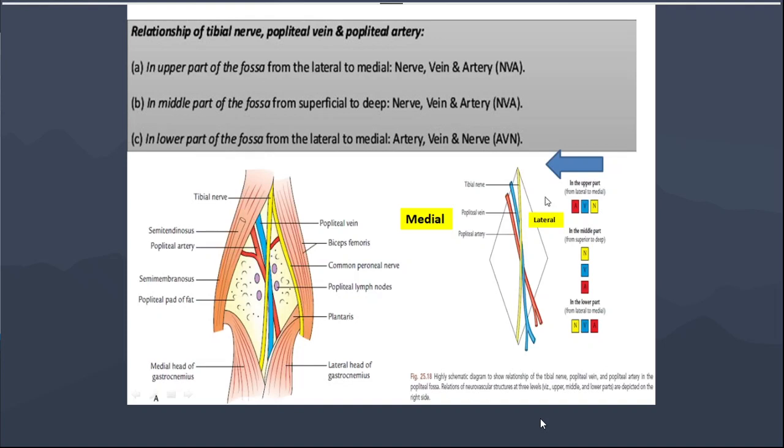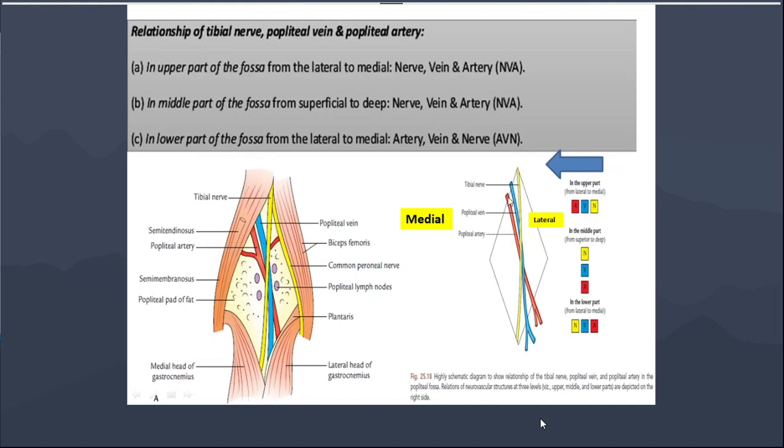In the upper part, from lateral to medial side, most laterally is the tibial nerve, then you can see the popliteal vein, then the popliteal artery. So NVA, that is the technique: NVA on the upper part of the popliteal fossa, tibial nerve, popliteal vein, popliteal artery.